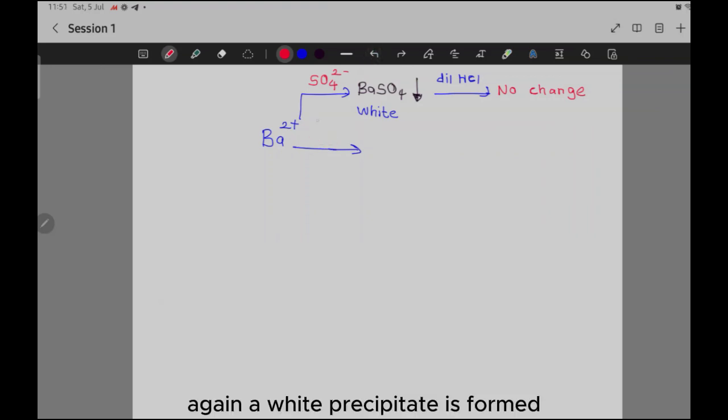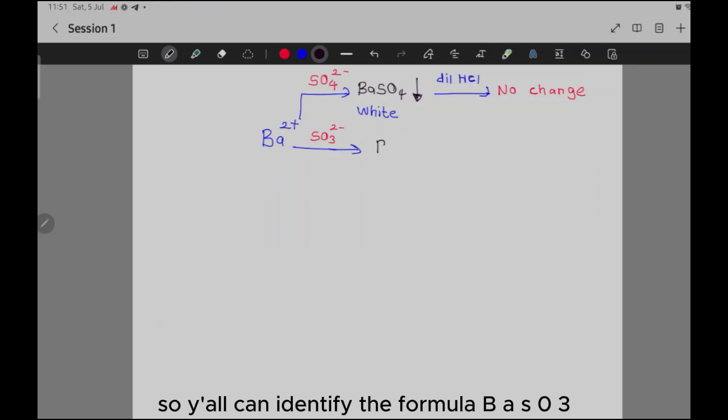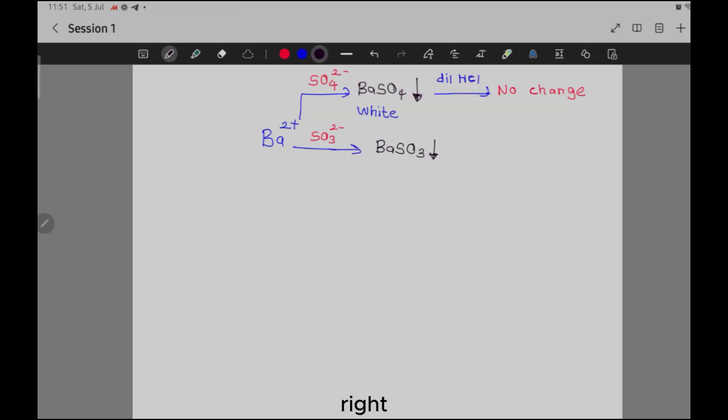Again a white precipitate is formed. So you all can identify the formula BaSO3, which is a white precipitate. I'll mark the color also white.